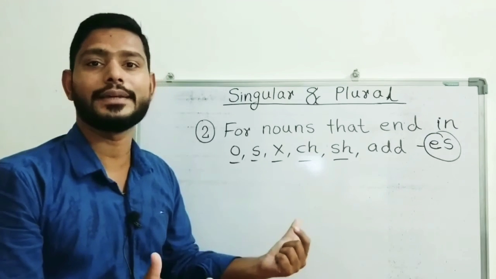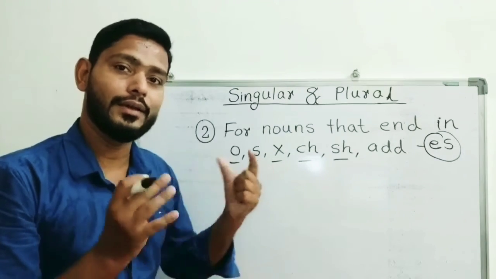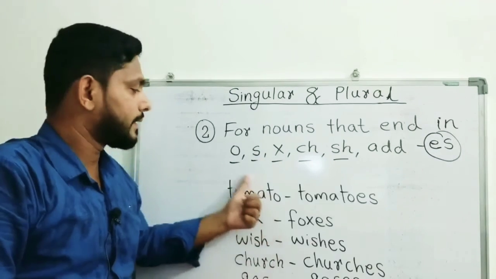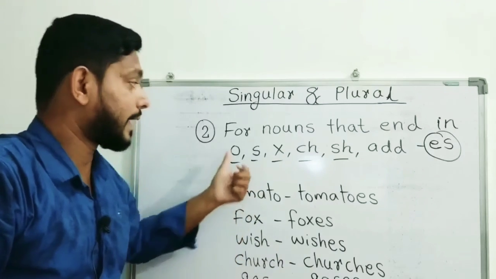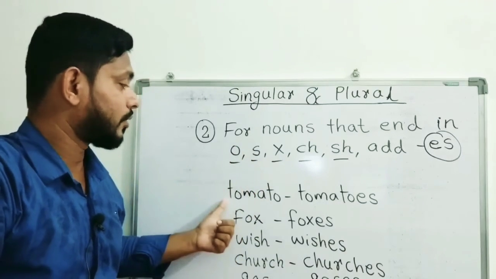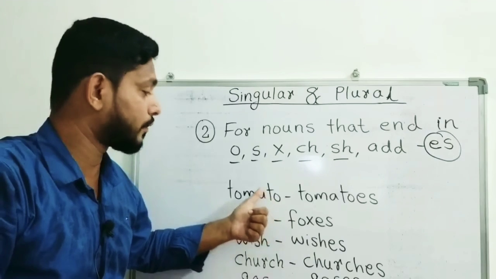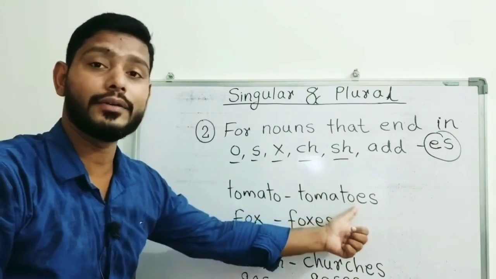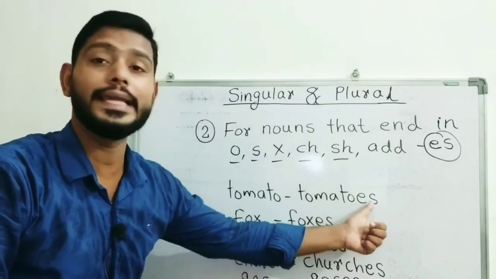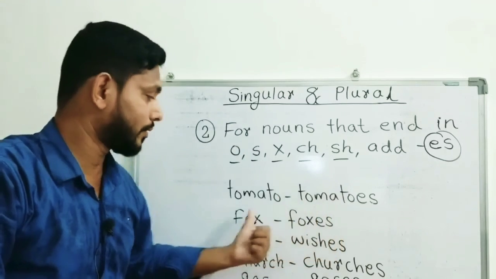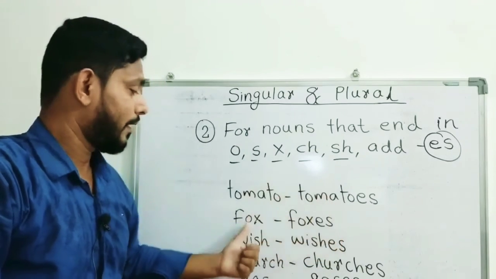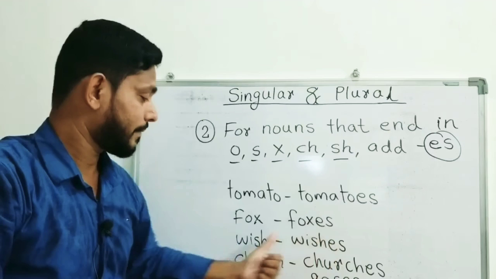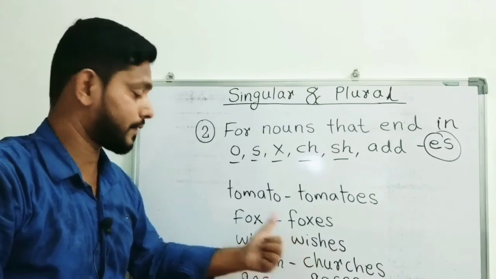Okay, so let's see some examples. So this concept will be very clear in your mind. These examples will help you to understand this rule very well. Tomato, the singular word that ends with o, and at the end of this singular we have to add es to make it into plural. So tomato, tomatoes. Fox, foxes. Wish, wishes.